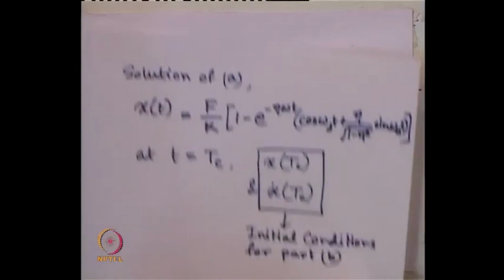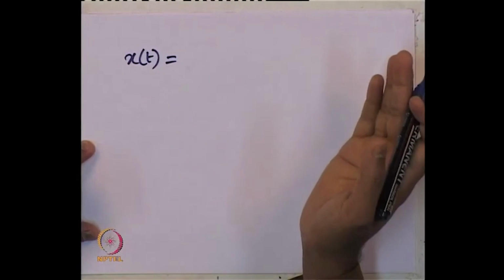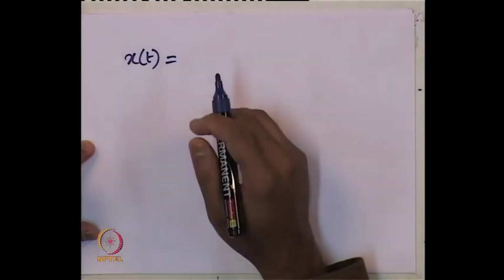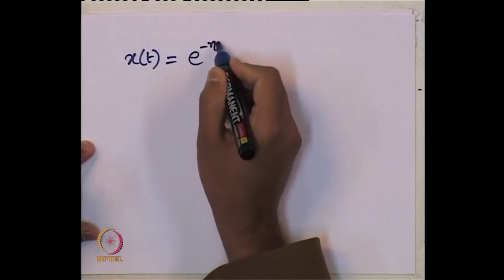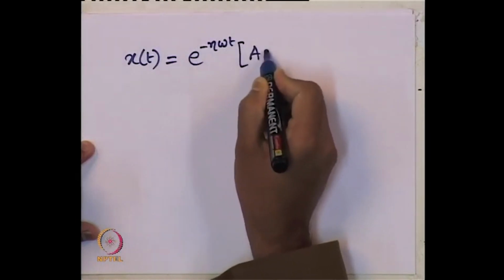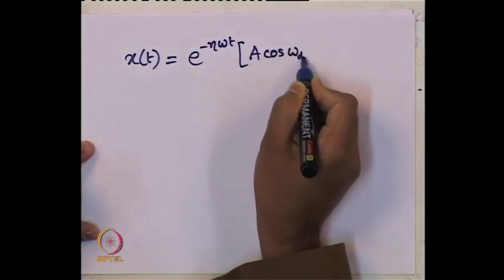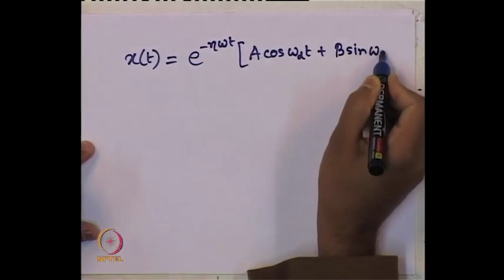Now, for the second part we know the solution x of t, the complete solution. It is a free vibration case, so there is no need of a particular integral. The complete solution is e to the power minus eta omega t times A cos omega d t plus B sin omega d t.